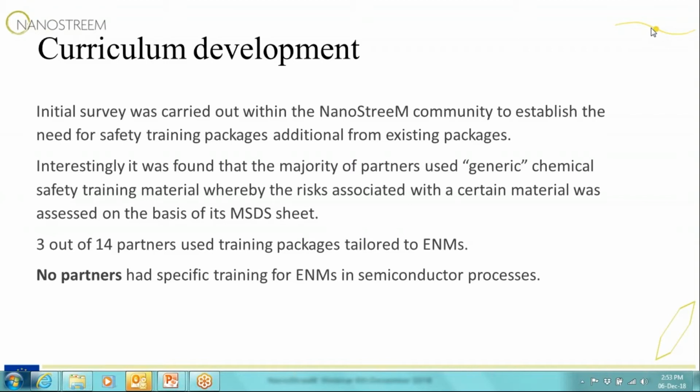And only 3 out of 14 partners had in place training packages tailored to nanomaterials. And no partners had specific training for nanomaterials used in semiconductor processes. So there was definitely the need for development of further training packages.